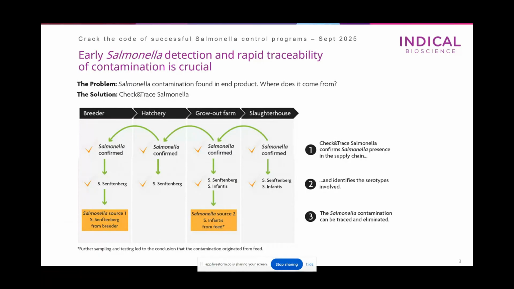In this particular case, Infantis was coming from the feed, and September was coming from the breeders, vertically. So the decision making was to focus mostly on the feed to eradicate the salmonella, and of course go back to the breeders and make sure that all the breeder production was free of salmonella.